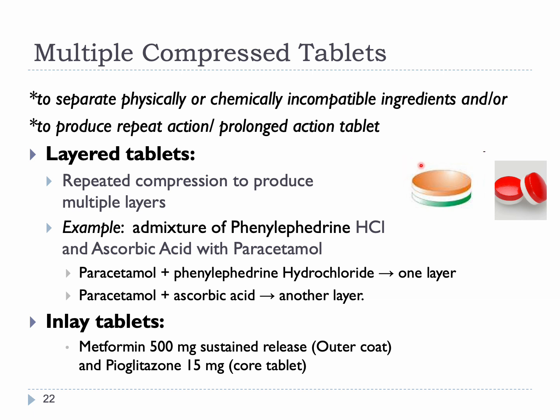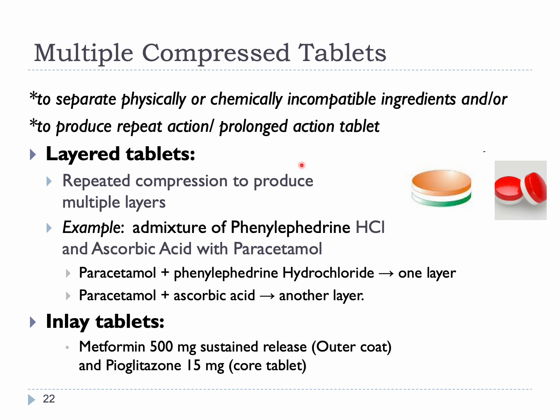So in this case, the tablets will be compressed in multiple layers, so the APIs or the incompatible ingredients will not contact each other. Another purpose for multiple compressed tablets is to produce repeat action or prolonged action. In this case, each layer of the tablet will provide a different release.